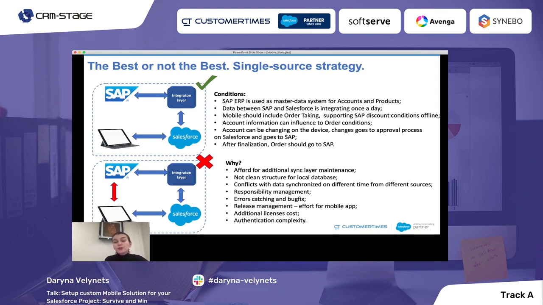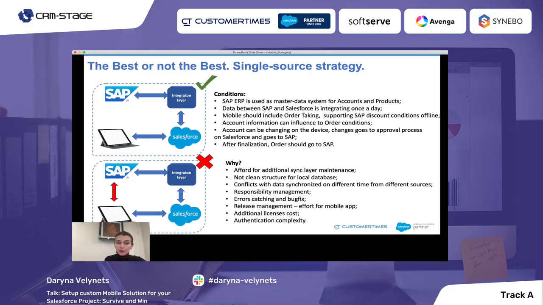And some orders are connected with accounts, and actually account information can influence the order, right? And an account can be changed on the device. These changes go through Salesforce and then to SAP and so on. And at the end, when the user finalizes the order on the device, it goes to SAP.